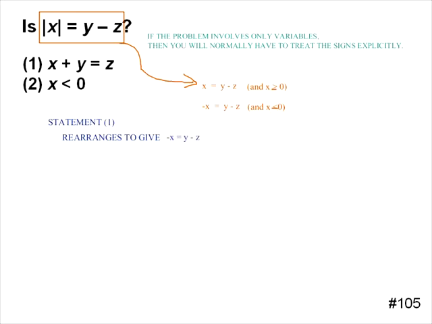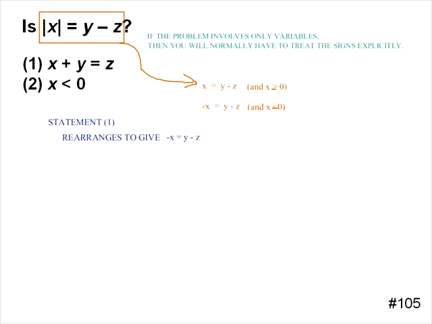You can make that into negative x equals y minus z. So is that sufficient to solve the data sufficiency problem, yes or no, in the text box? So no, it's not, because we don't know if this condition is also true. By itself this is not good enough. This is only valid if x is negative.